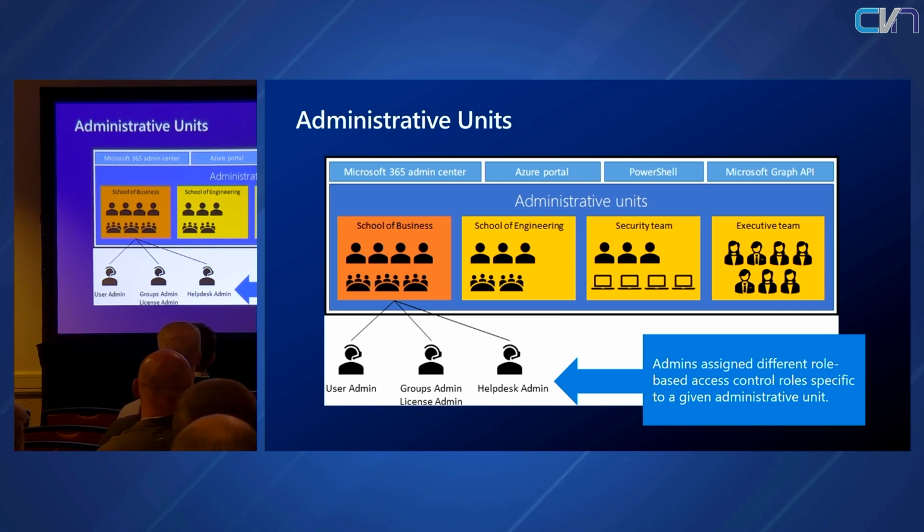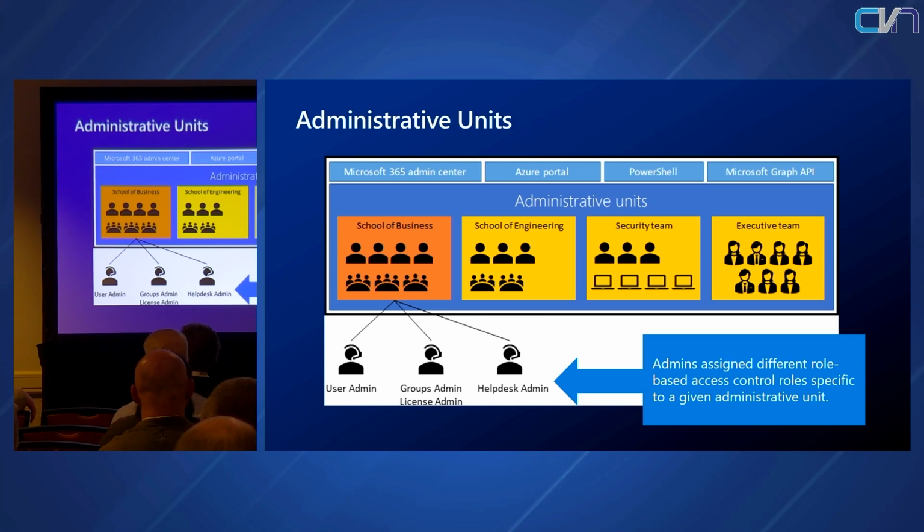These buckets are called administrative units. And then you can assign admins, instead of having scope for the entire tenancy, they just for the administrative unit they're responsible for. And that scope can be different based on role, based on their role-based admin control, right?